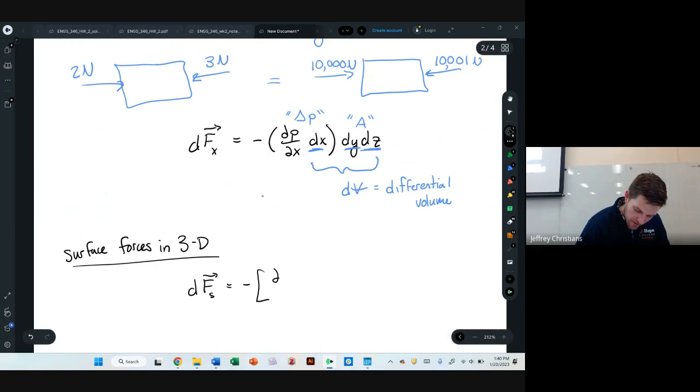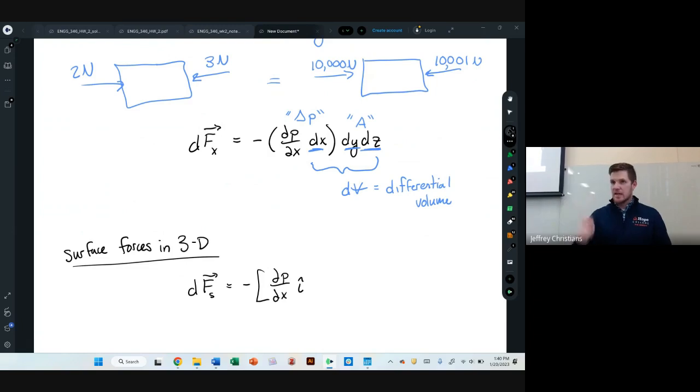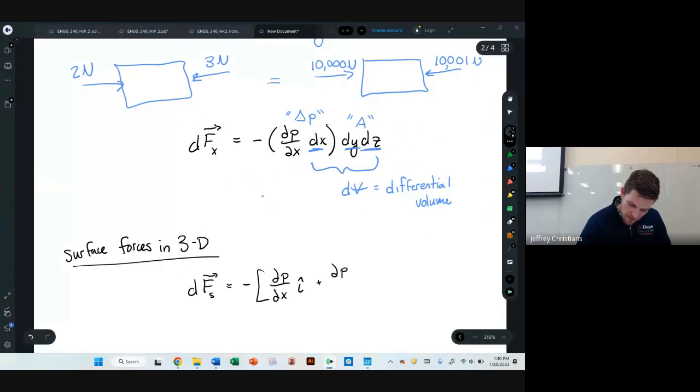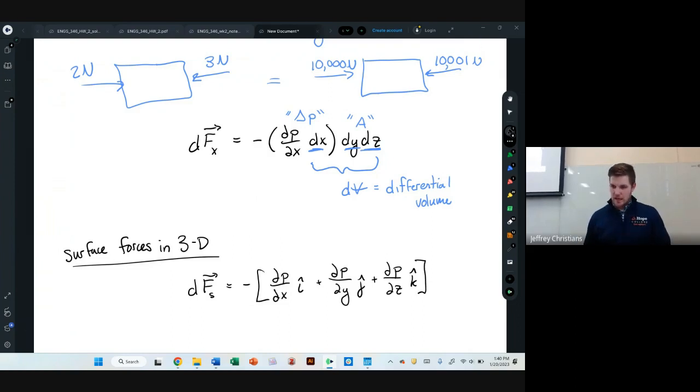So you get this fun one, dp dx. That's the x part, so it gets an i hat, plus dp dy. That gets j hat because it's in the y direction, and dp dz. That's in the z direction, so it gets a k hat times our differential volume.